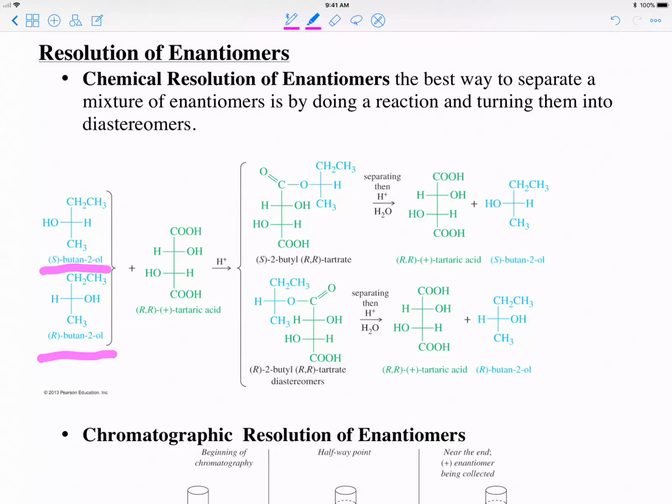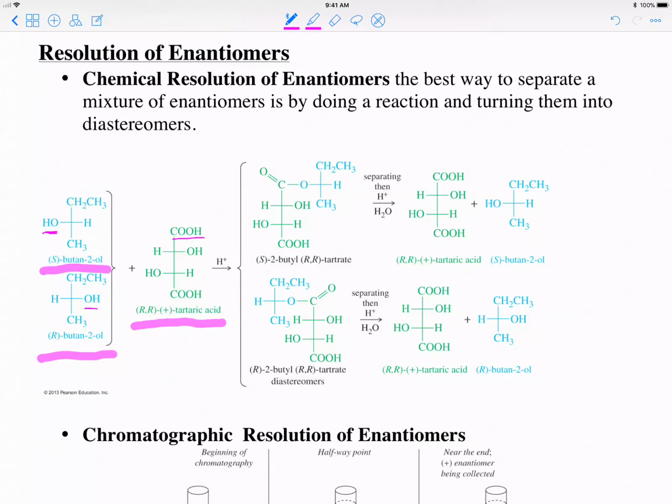But if I react them with a chiral molecule, and you don't know this reaction yet, I can react one of these oxygens here with one of the carboxylic acid groups. And what that will do is make a new molecule here, an ester.